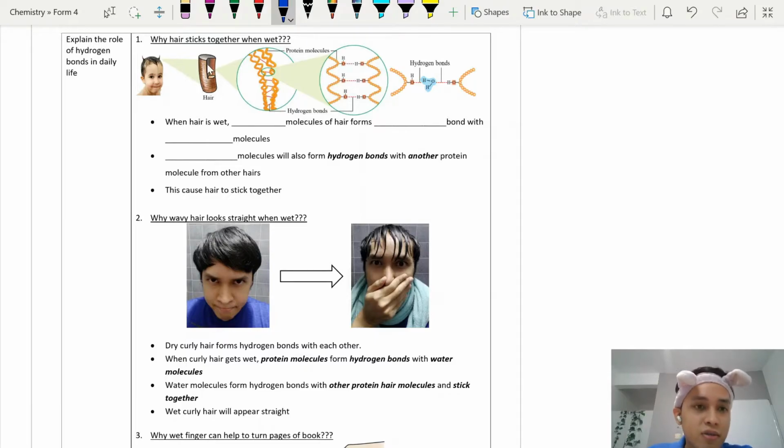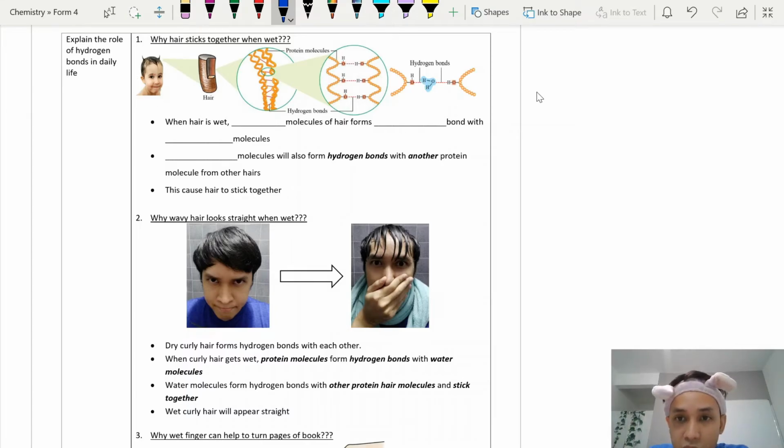Inside each strand of hair we have protein molecules, and between the protein molecules there are hydrogen bonds. Now what happens when you have water? Basically the water will act like a glue. It's going to stick two different hair strands together.